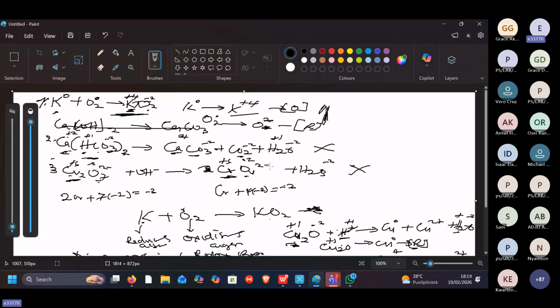That's why we say it's disproportionate. It's not proportional, where you can separate the half equations and know this one is oxidation and this one is reduction. The same species is going through oxidation and reduction. That's why we call it disproportionation reactions. Are we okay?